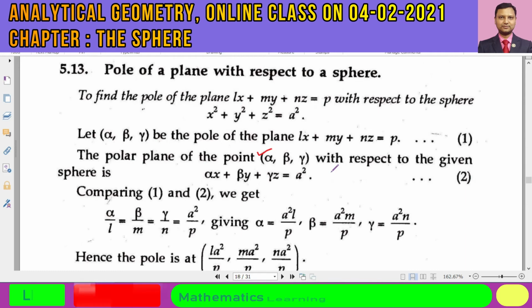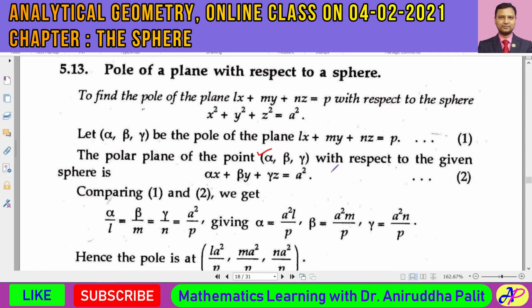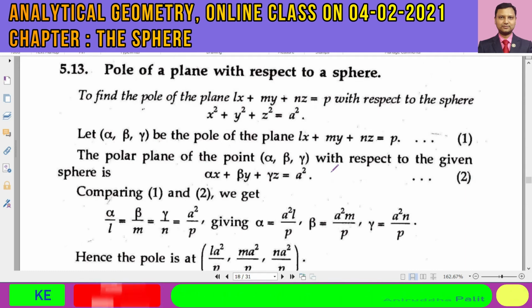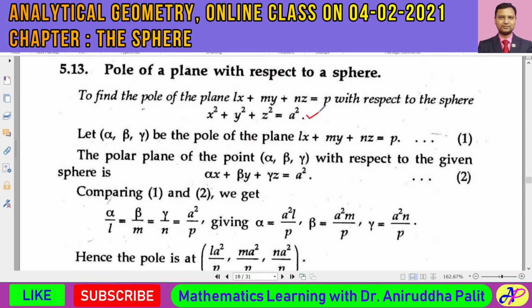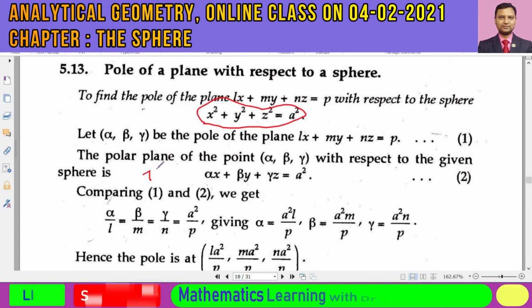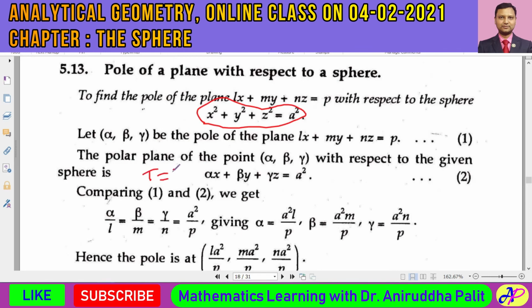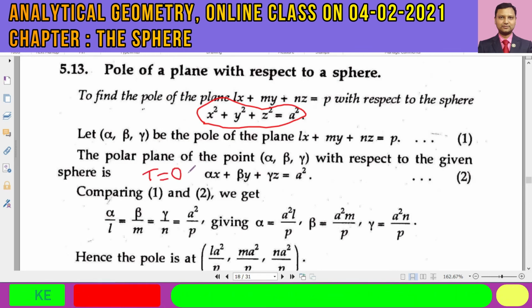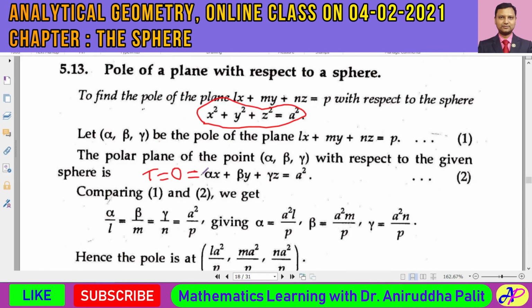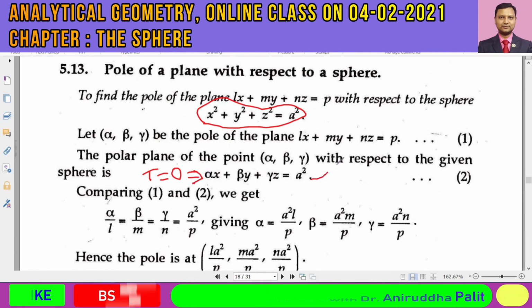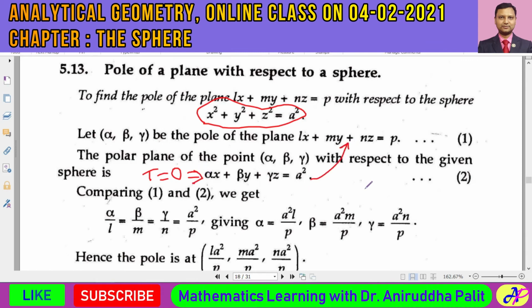From the equation of the sphere we can apply the formula T = 0, and then we will be able to compute the equation of the polar plane, and that plane must be the same as this plane, because it is given that this is the polar plane of the point P.